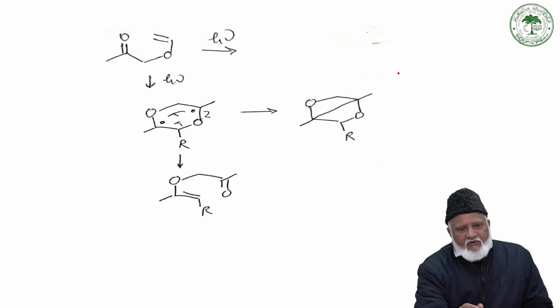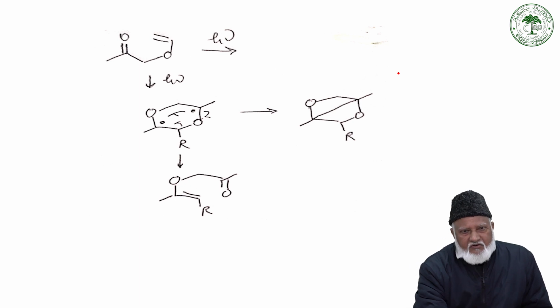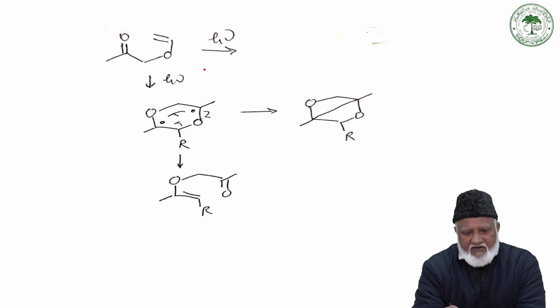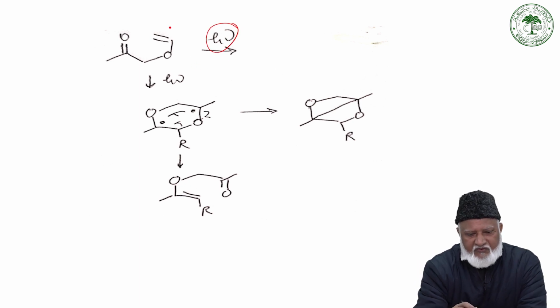This is an example of an intramolecular addition of carbonyl to alkene. Intramolecular, in the presence of light, you have a double bond here and a carbonyl in the same molecule.